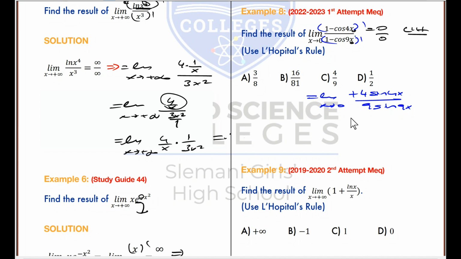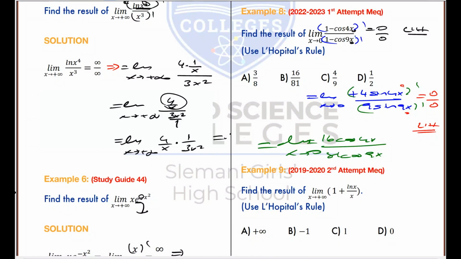Okay, this is my result when I apply L'Hopital's. Now insert 0 for x. So sine 0 is 0, sine 0 is 0. I have again a 0 over 0 case. So let's use L'Hopital's one more time. This time, by taking the derivative of the numerator, we get the derivative of sine, which is cosine, times the derivative of the angle, 4. 4 times 4, 16 cosine 4x, divided by 9 times the derivative of the angle 9, 81 cosine 9x.